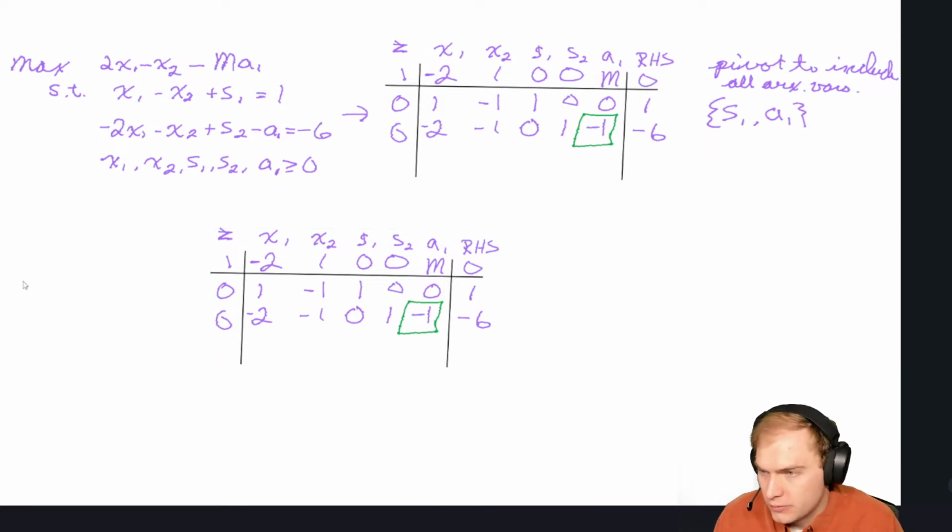And we're going to start with row 2 prime equals row 2 times -1.